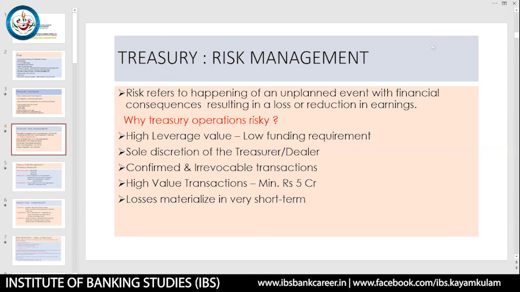So confirmed and irrevocable transactions, then high value transactions. Morning also I told you, the minimum size of the transaction will be 5 crore, and losses materialize in a very short term. Within a day, suppose in the morning, a dealer purchases say 1 crore USD at 71 rupees, thinking that the price will improve in the afternoon.